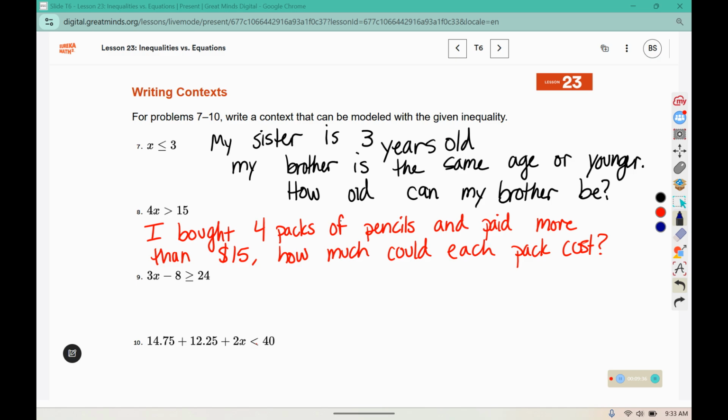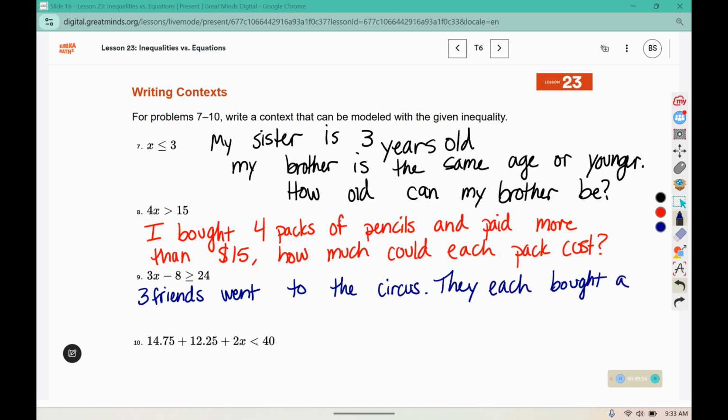Here it could be that you had 3 friends and they went to the circus. They each bought a ticket, but had one $8 coupon.